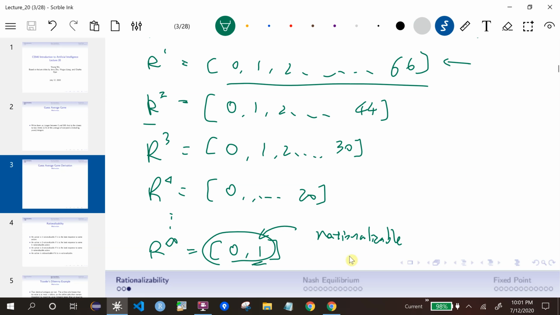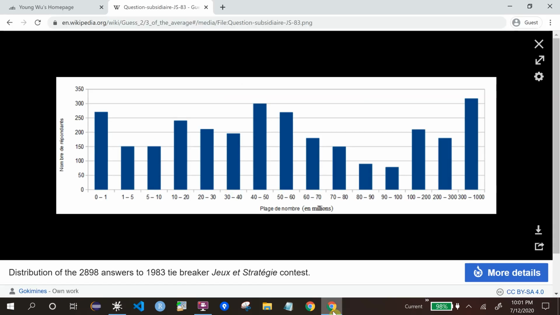On my website, I actually have the link to a game that was played a long time ago with a lot of players, and I think they are picking numbers between 0 and 1,000 million or something, but let's just say they are picking numbers between 0 and 1,000. And indeed, many people are picking numbers between 0 and 100 here.